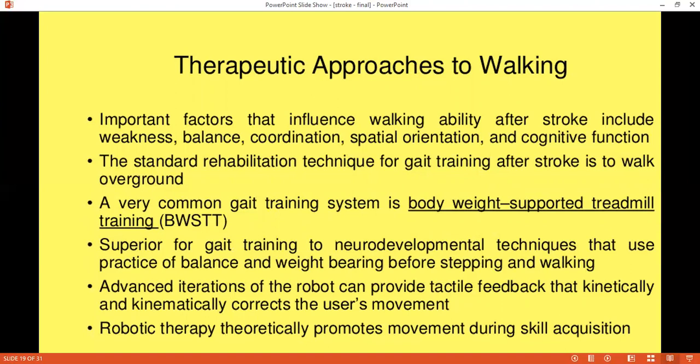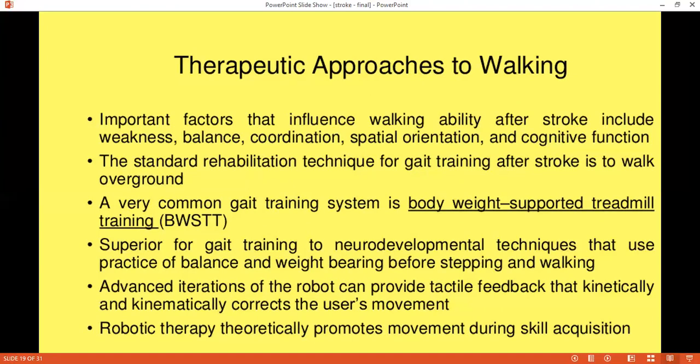A very common gait training system is body weight support treadmill training, superior for gait training to neurodevelopmental techniques that use practice of balance and weight bearing before stepping and walking. Advanced iterations of robots can provide tactile feedback that kinetically and kinematically corrects the user's movement. Robotic therapy theoretically promotes movement during skill acquisition.